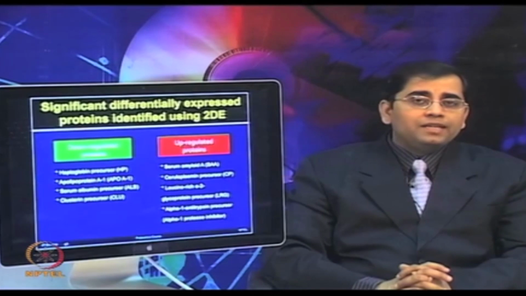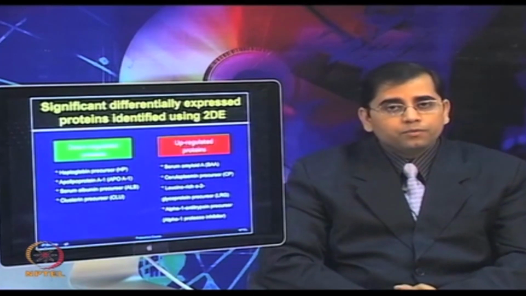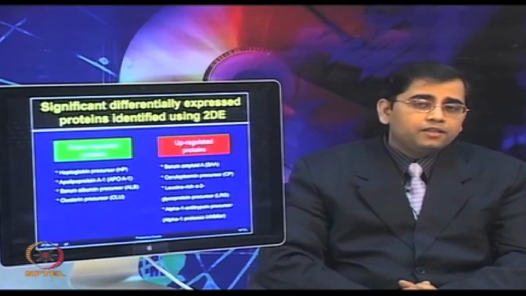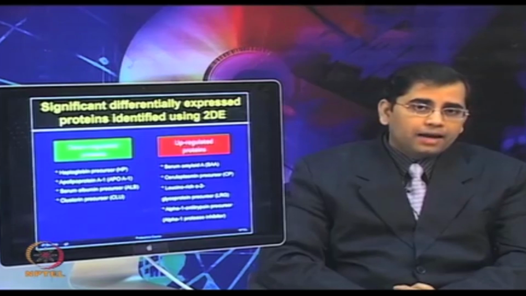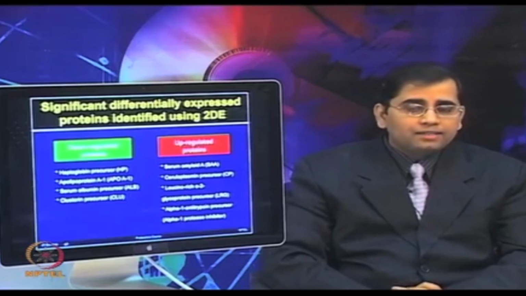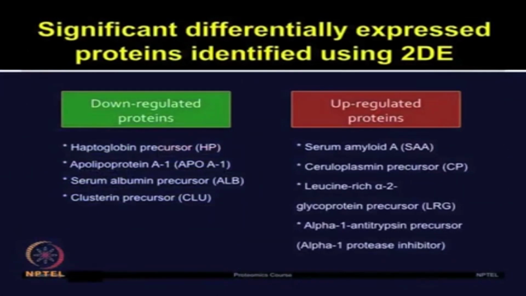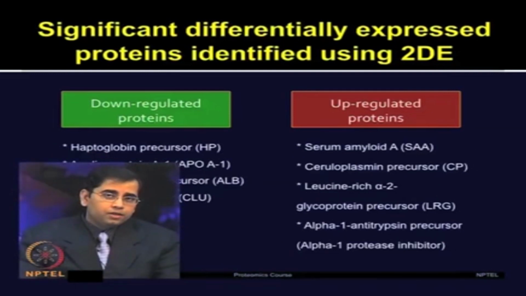But at the end, from these mass spectrometry experiments, one can obtain the identity of these proteins, and as you can see in the slide, there are several proteins in the human host which were differentially expressed due to the Plasmodium vivax infection.